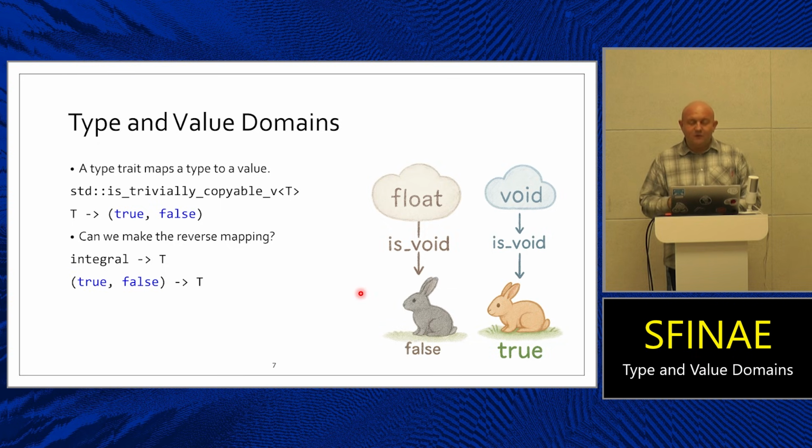But what if we want to send the rabbits back up into the clouds, to turn a value into a type? Here's one playful idea. Let's say an array of one char represents true, and an array of two chars represents false. That's our tiny reverse mapping.